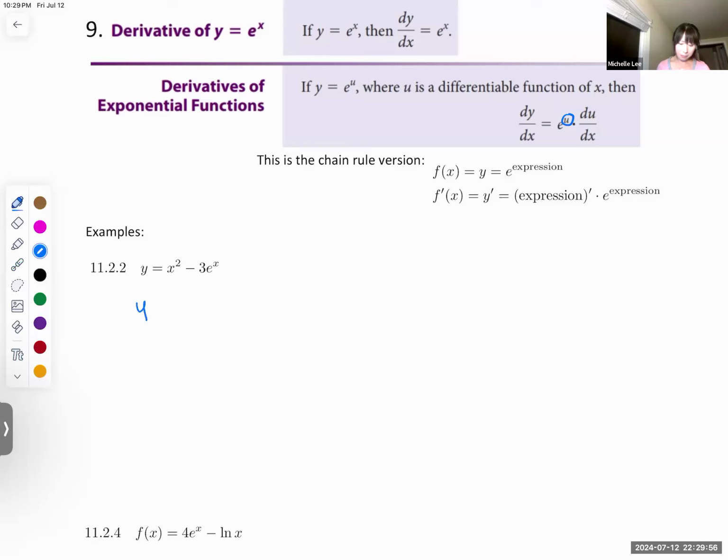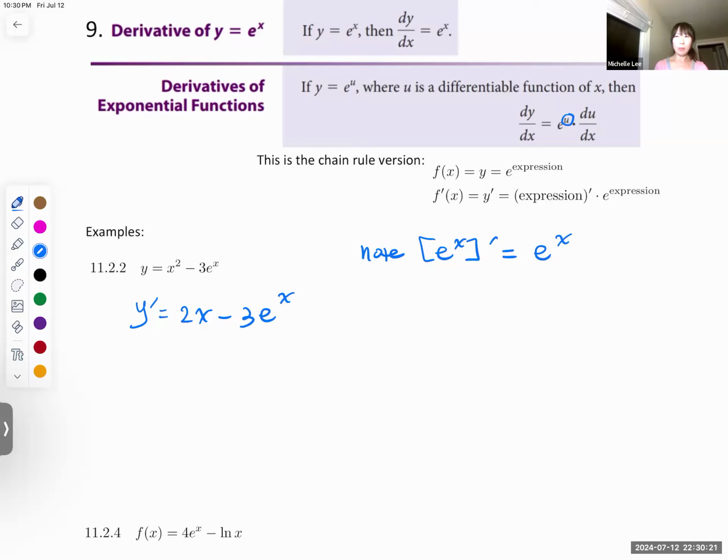Y prime. We take the derivative of x squared, it's 2x. Now we keep the coefficient. What's the derivative of e to the x power? It's e to the x. Keep the coefficient, e to the x. It's the same.